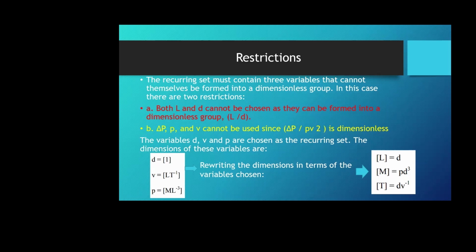Then I can put this L as D here, because it will be D to the minus 3. Then of course P equals M D to the minus 3, so M is P D cubed.